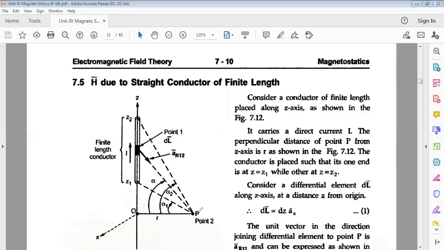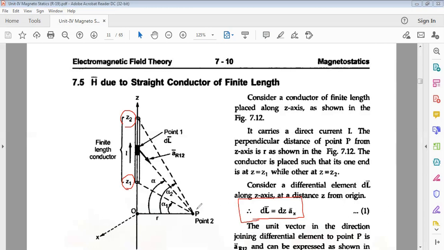The conductor is placed such that one end is at z1 and the other end is at z2. In between z1 and z2, you can assume a differential length dl bar. Since it is on the z-axis, dl bar is equal to dz into az bar.